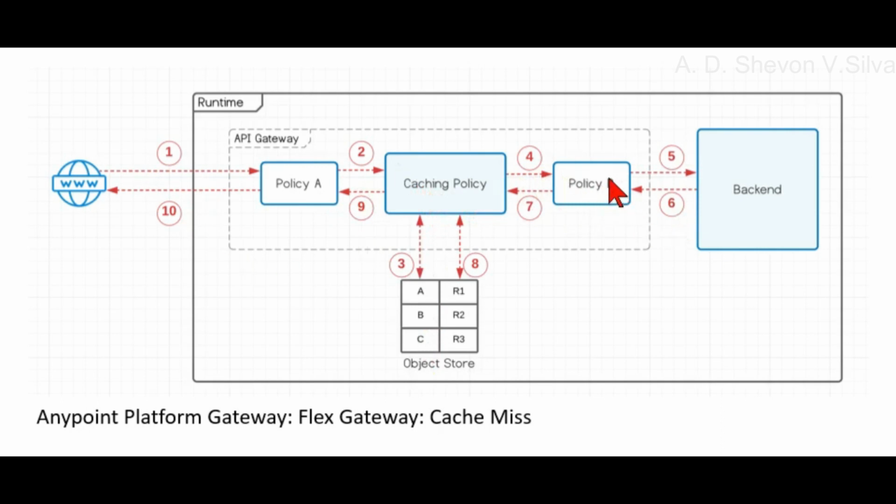Policy B is connected to the backend, and then the backend is connected back to policy B, and policy B is connected to the caching policy, and the caching policy interacts with the object store, and the caching policy is connected to policy A. Here the API gateway, backend, and object store are in the runtime, and policy A is connected to the client.